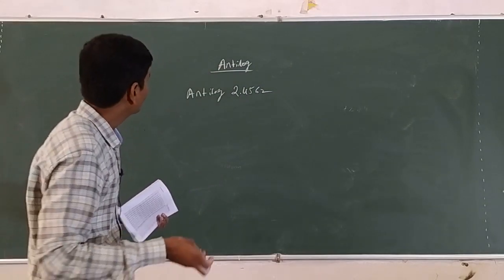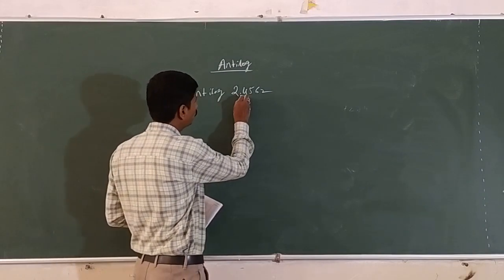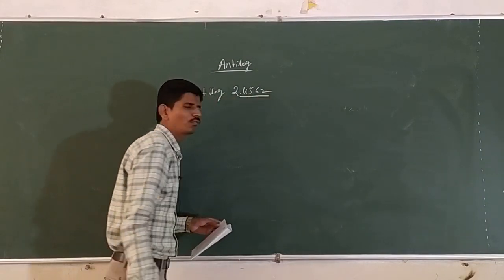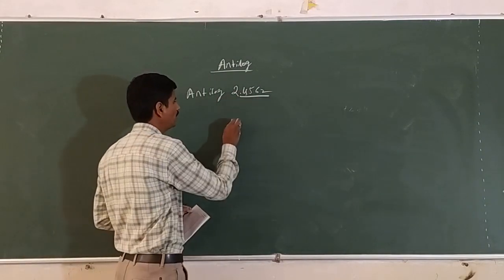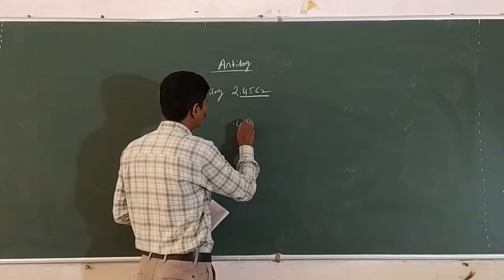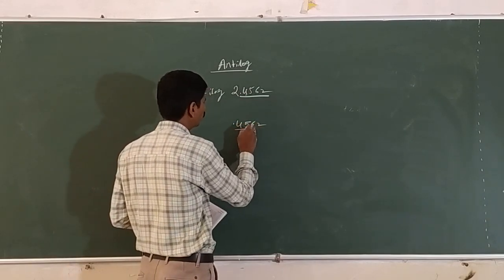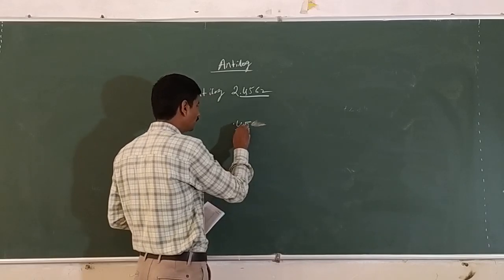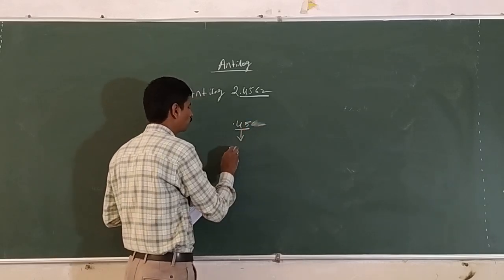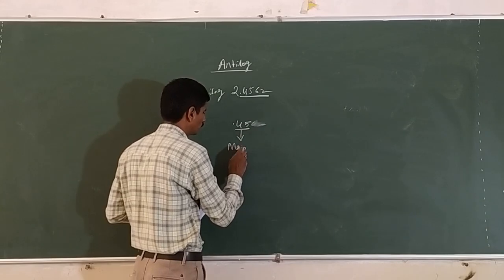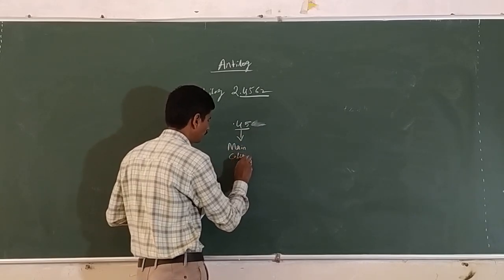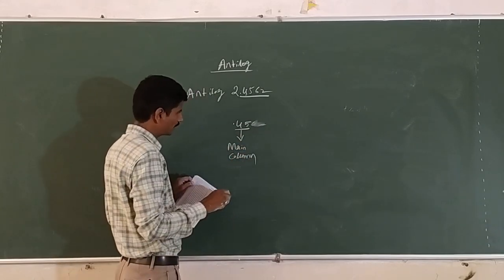Find the anti-log of 2.4562. Here you have to use only 0.4562. 0.45 you have to search in the main column.